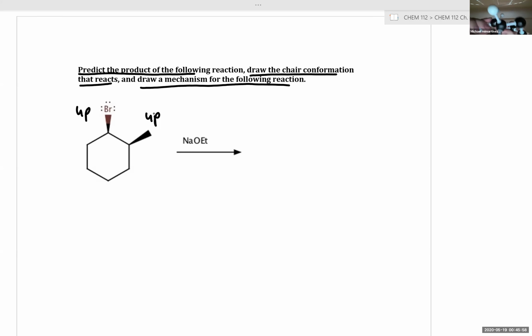Now let's look at this structure from a side-on perspective, and let's try to see. So currently, do we have a trans-diaxial arrangement? Do we have a trans-diaxial arrangement between our bromine and our hydrogen?